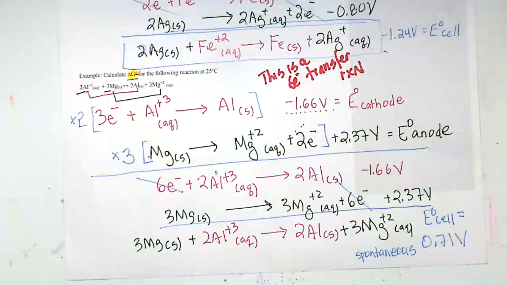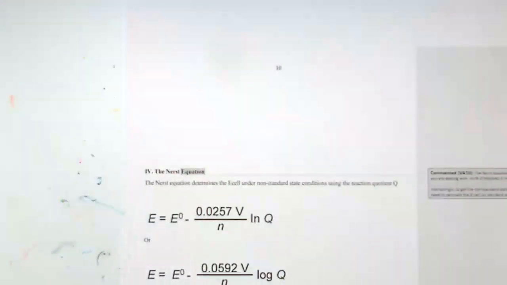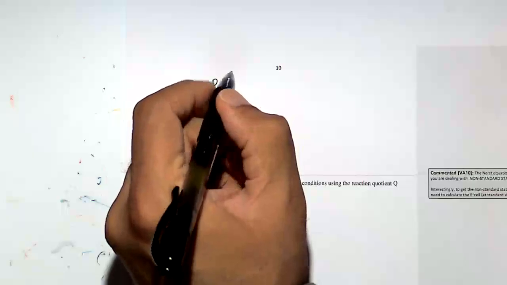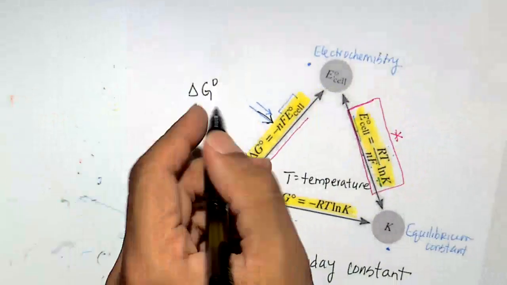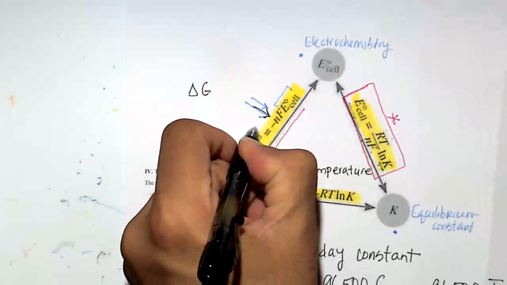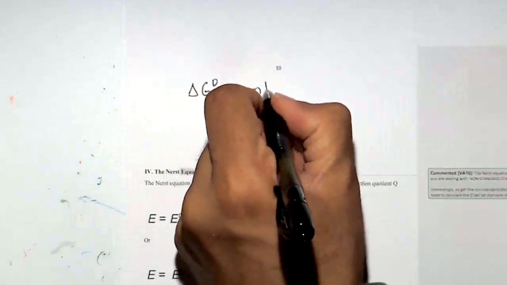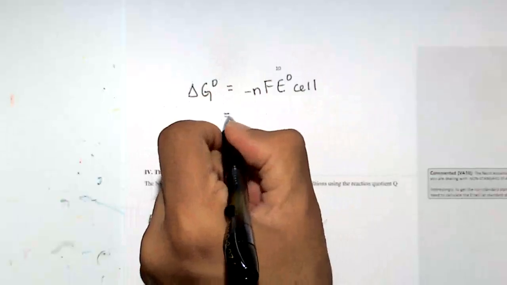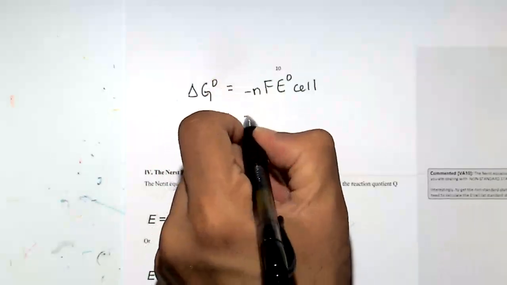All right, so delta G naught. I'm going to use the second page here. Delta G naught is equal to minus n F E cell. This is the equation we will use. Minus n is 6.